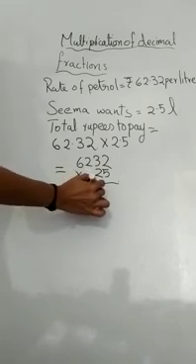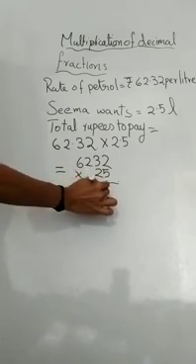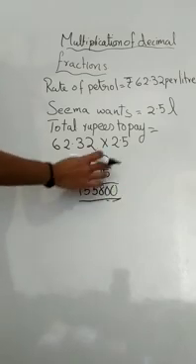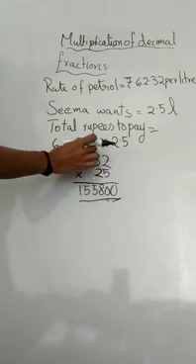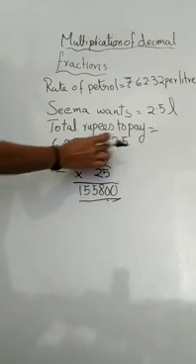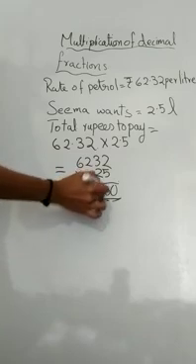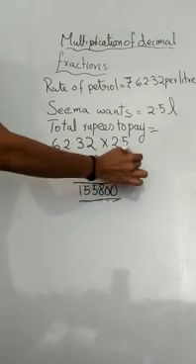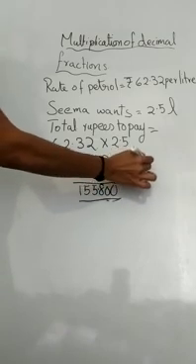And you will get the answer same as we got before. 155800 is what you will get. Okay. Now this is the product of these two. Now, how many decimal places are there? Here 2 and here 1. That means total 3. So you will put the point after 3 decimal places. That means 155.800.